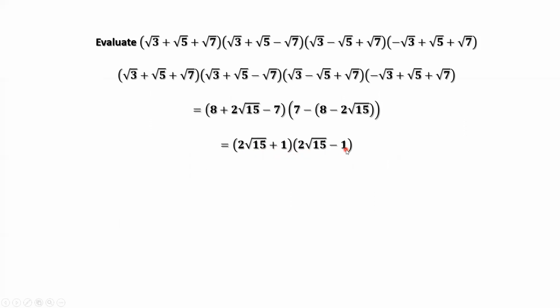Use the formula A plus B, A minus B again equals A squared minus B squared. 2 square root of 15 squared minus 1 squared equals 60 minus 1, which is 59. 59 is the final answer.